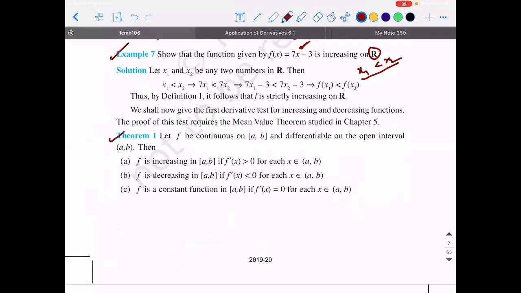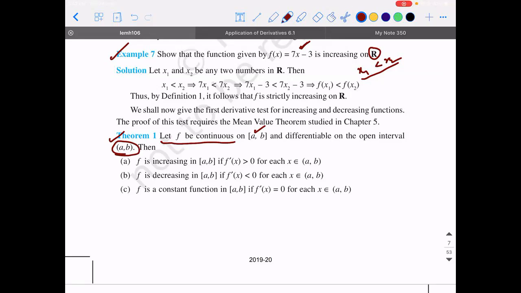Next comes a theorem. Previously, whatever we saw was definition. Now comes a theorem. Let f be a continuous function. Only if a function is continuous can you talk about its derivative. Let f be a continuous function on the closed interval a to b, and differentiable on the open interval a to b.